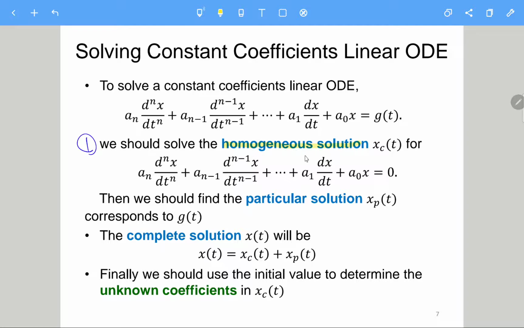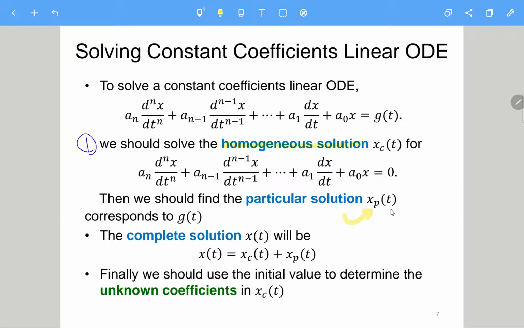Then after finding the homogeneous solution, we will try to find the particular solution for this one. Particular means 特别, so this is a solution specifically for this function g of t, and of course related to this equation.